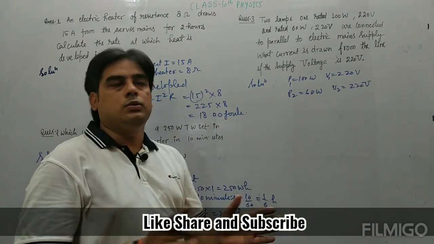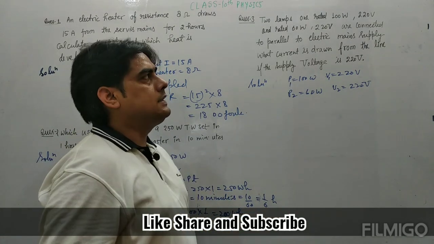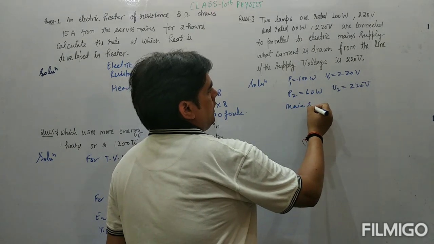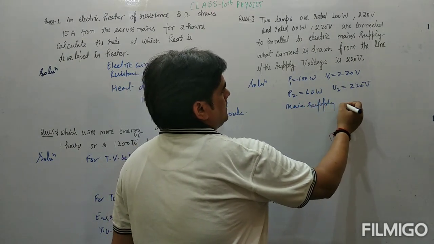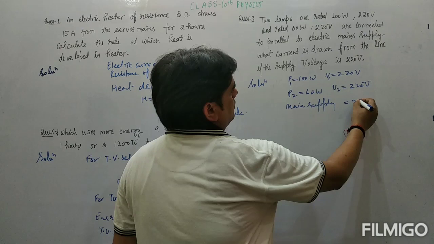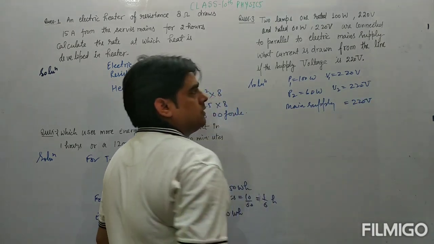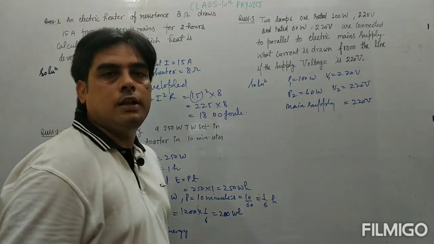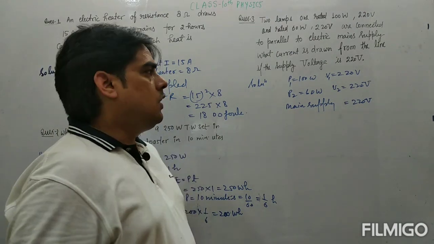Both lamps are connected in parallel to the electric mains supply. The mains supply is 220 volt. Then find the total electric current.